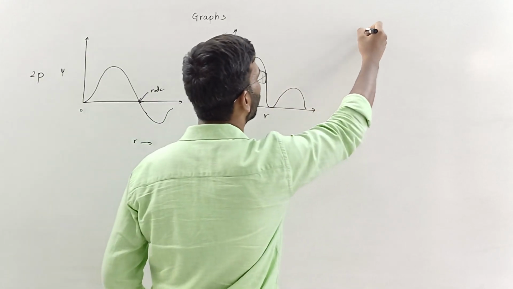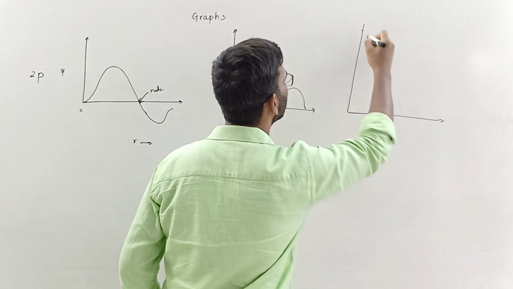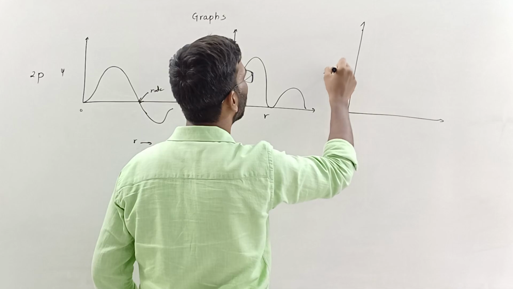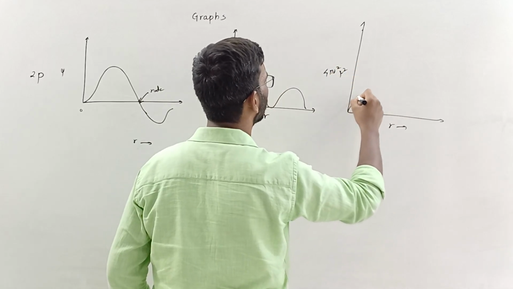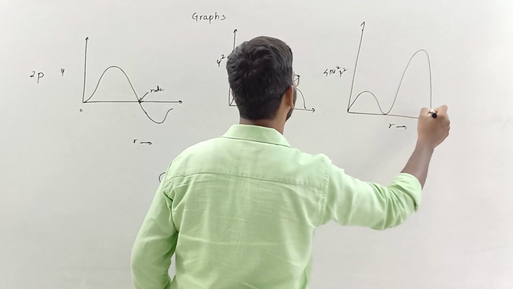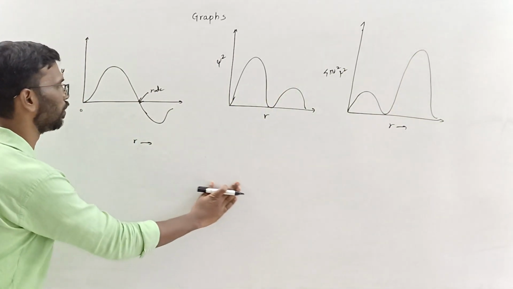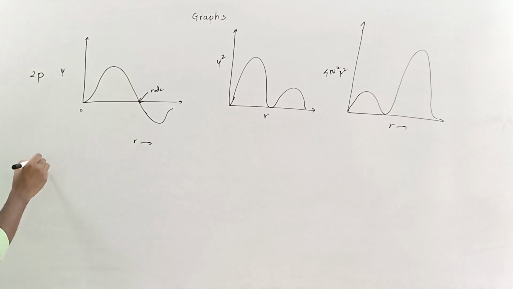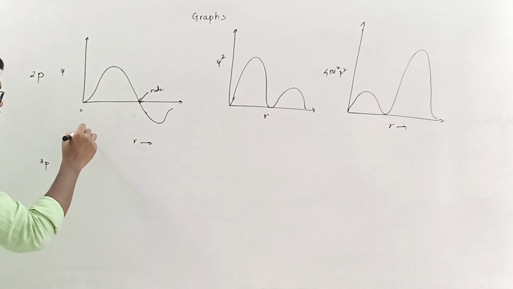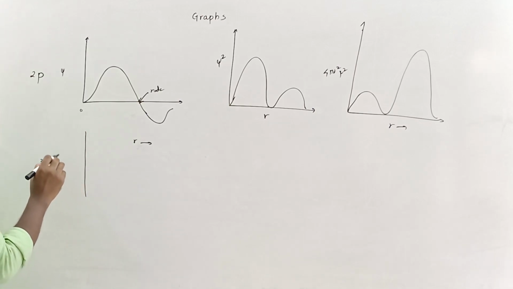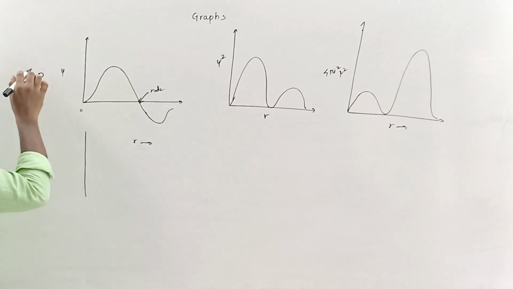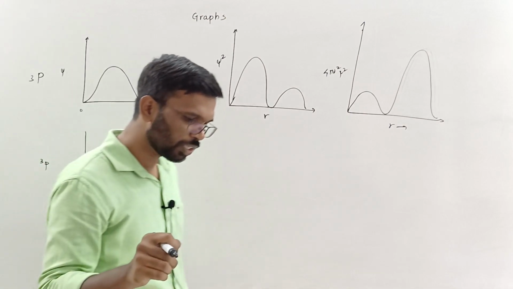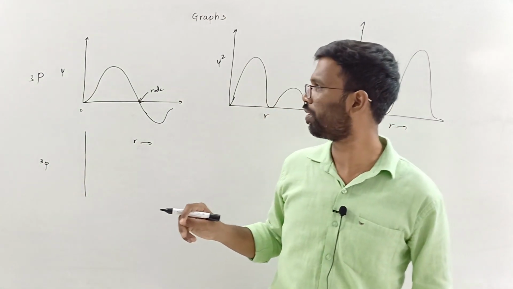That graph will be for 4 pi r square psi square versus r. Okay, it is this way. Same way for the 3p orbital, sorry, this is for the 3p orbital. Just make a change.